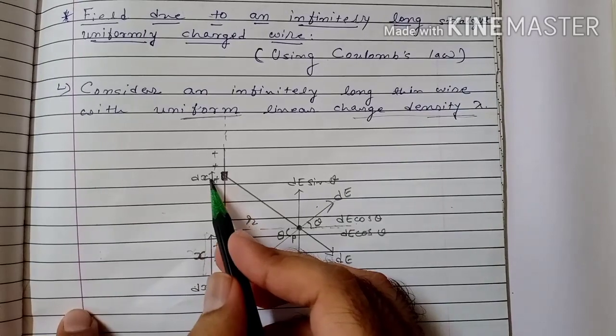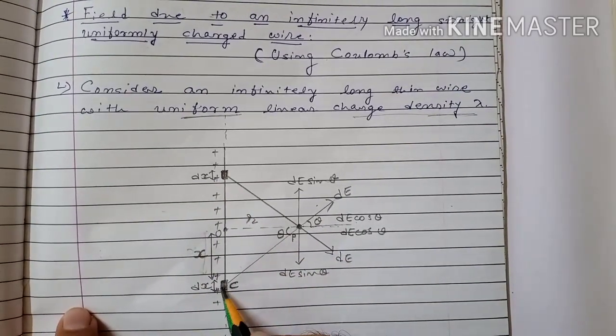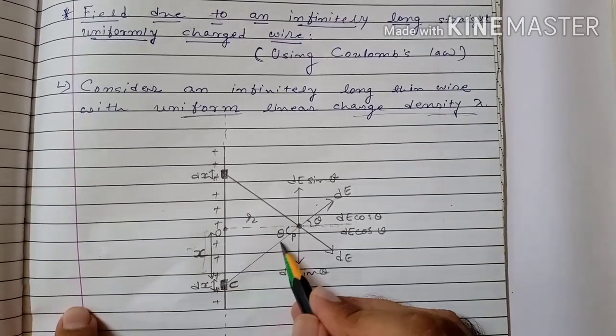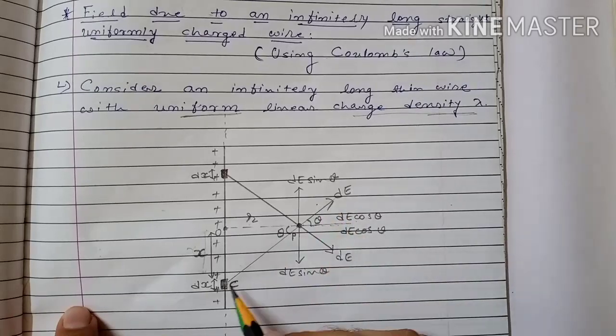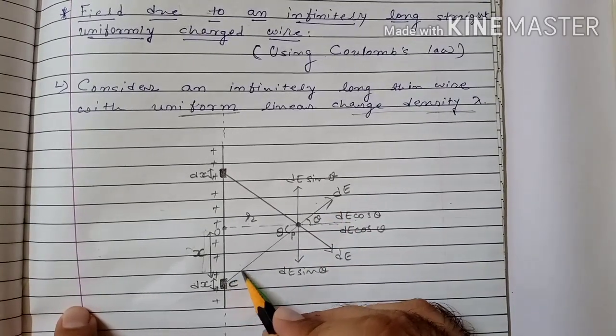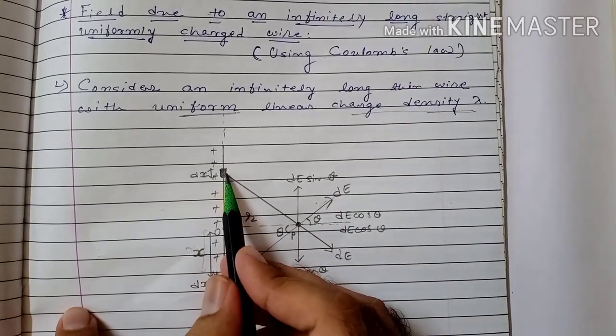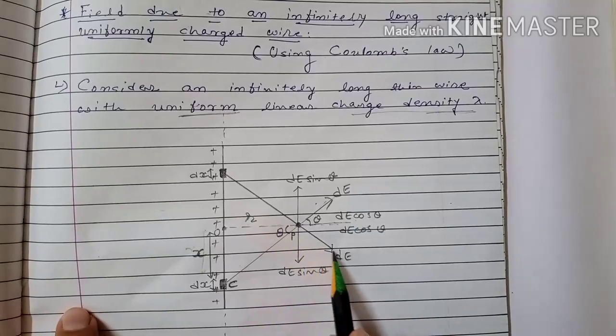These line elements have length dx. Due to the charge contained in this small line element, electric field at point P is in this direction, away from the charge. Due to the other line element, electric field is also away from the charge in this direction.